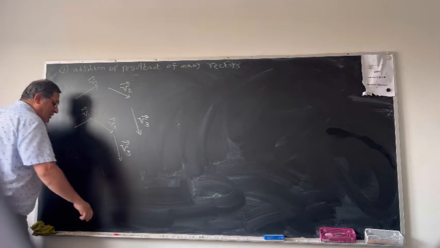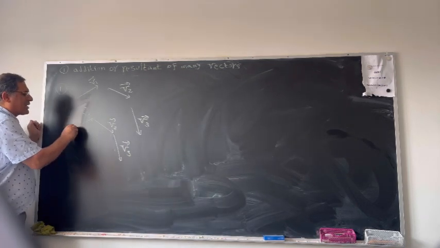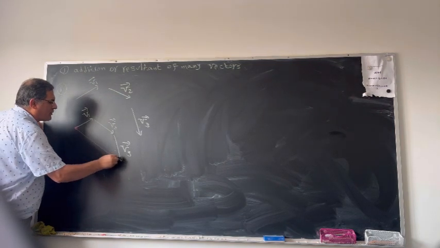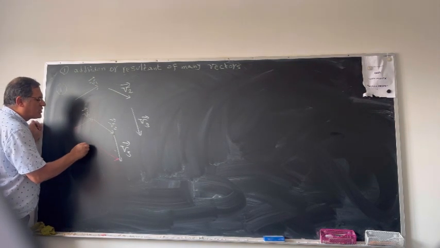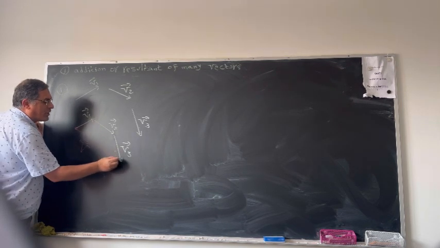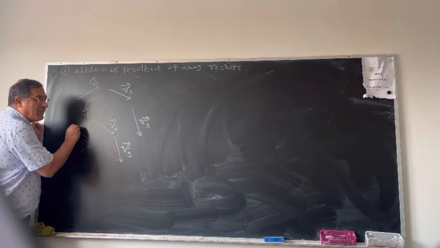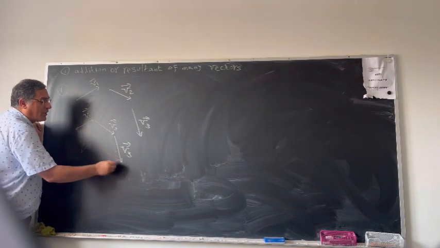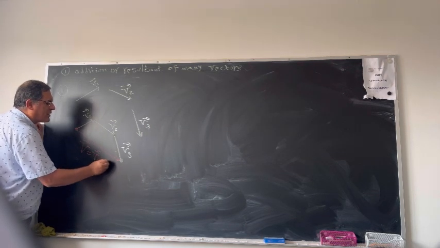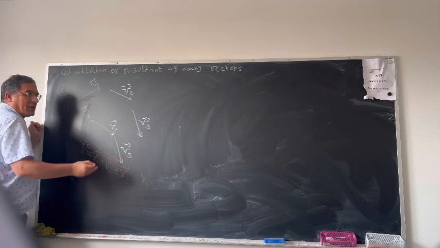How do you find the addition or resultant? The vector that connects the beginning of the first vector to the end of the last vector is the addition or resultant.